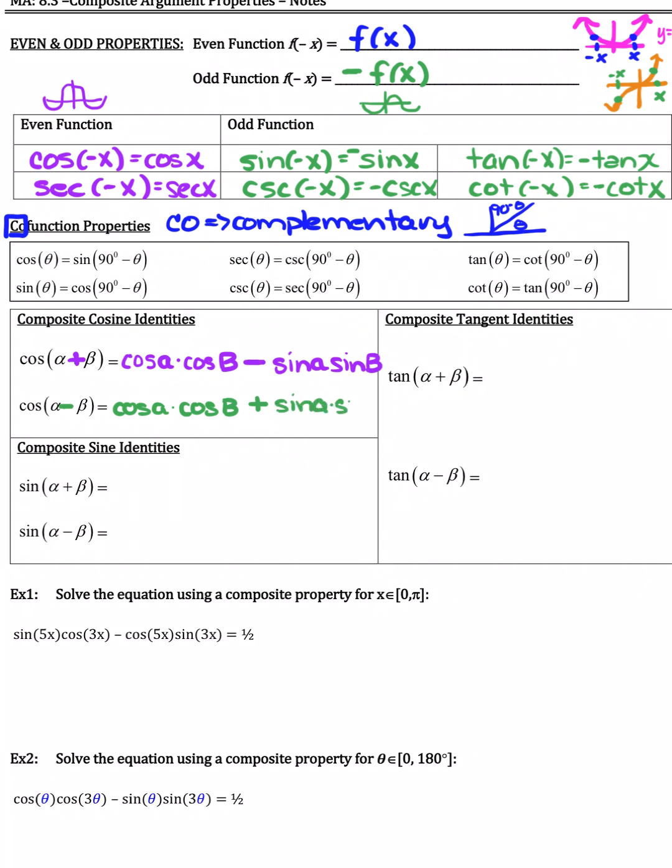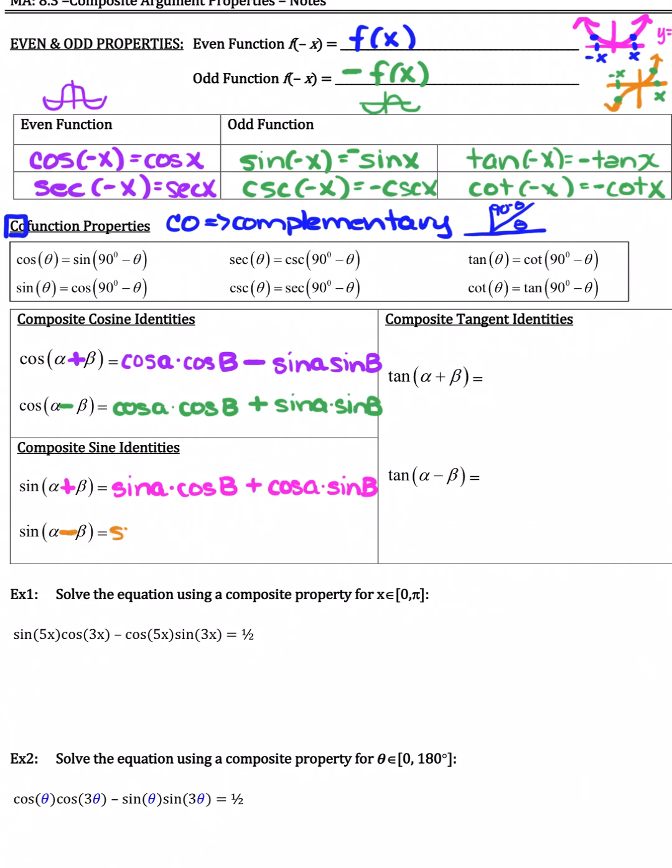Sine A, sine B. And for sine, the sign stays the same, but the trig gets all mixed up. So that's a plus. So this becomes sine A times cosine B plus cosine A times sine B. And you would do the same for the negative.